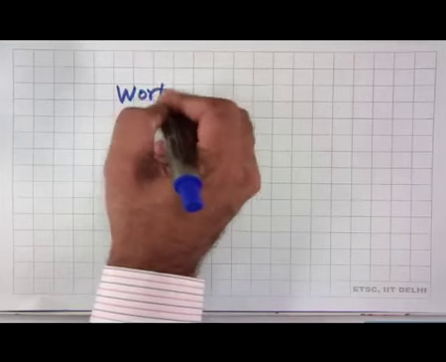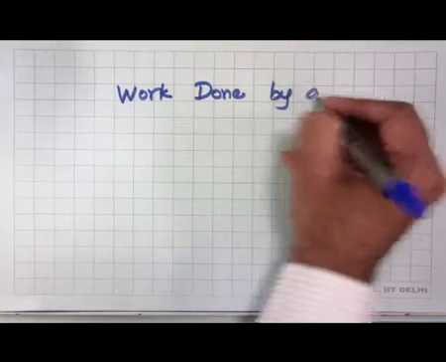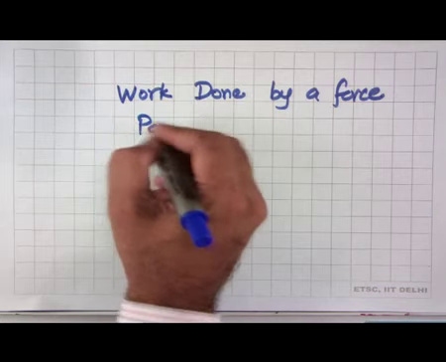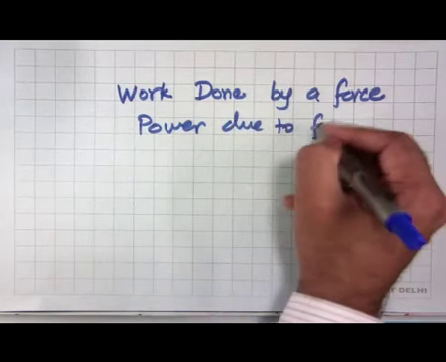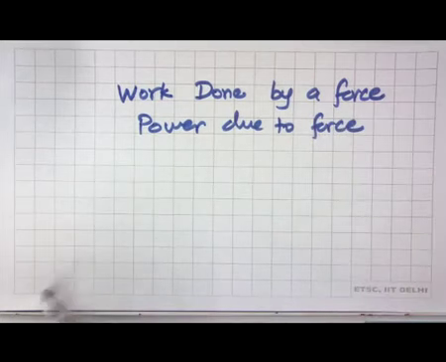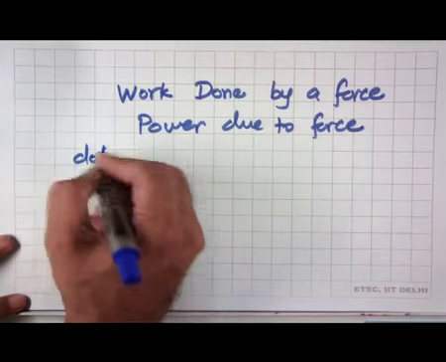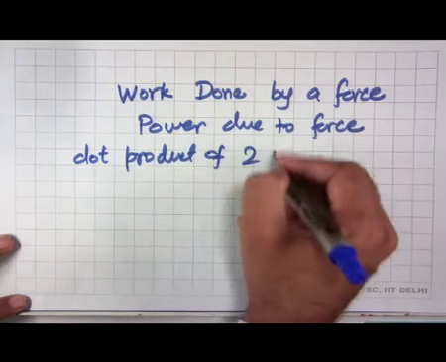We use the dot product in many circumstances, and one place where you will come across it is in mechanics, when we talk of work done by a force or the power due to a force acting on a point. These quantities are nothing but dot products of two vectors.